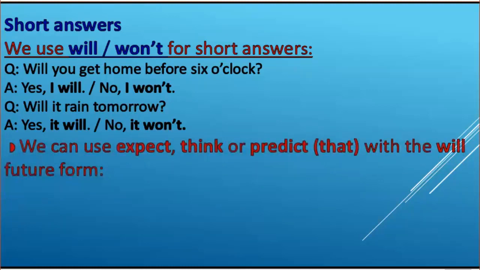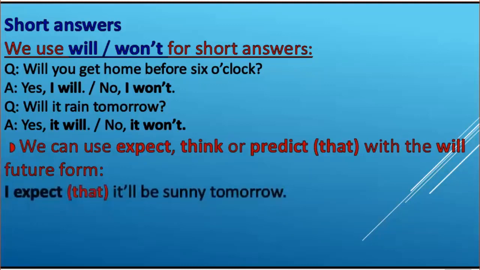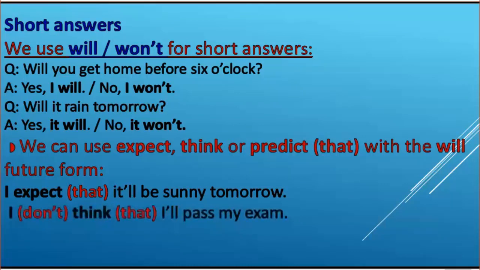We can use expect, think, or predict that with the will future form. For example, I can say, I expect that it will be sunny tomorrow. I don't think that I'll pass my exam. He is disappointed, he may be not studying well.